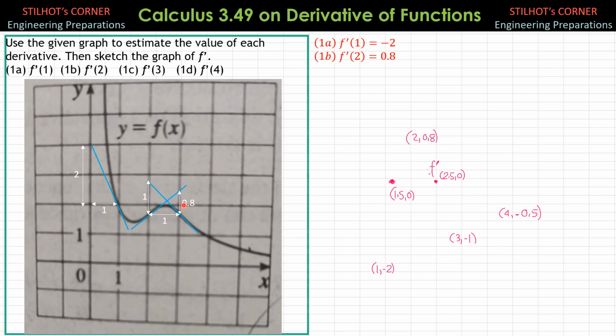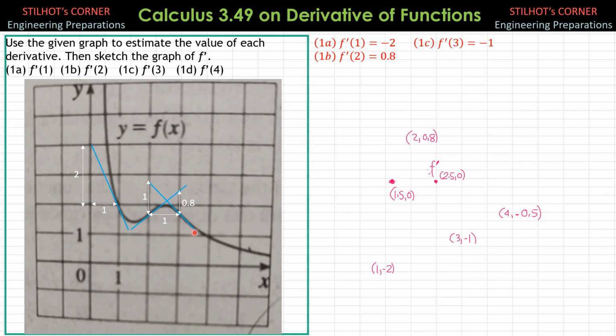And since it is sloping up to the left, then the slope when x is 3 is negative 1. 1 over 1, that's 1, but it is a negative slope. So therefore, for 1c, f prime when x is 3 is equal to negative 1.